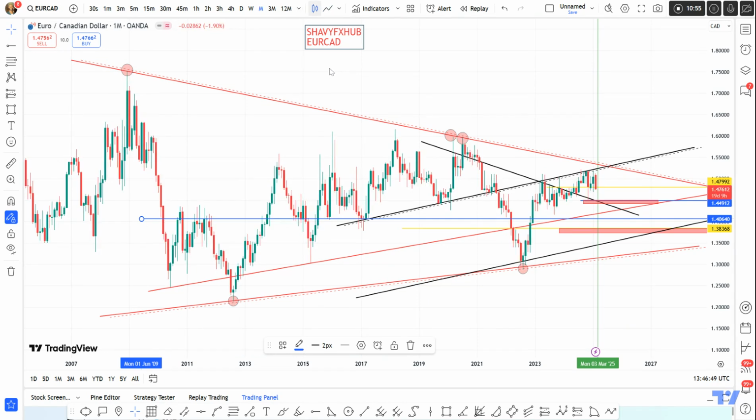This is a very strong area to wait for price, and I feel price will most likely come down there.